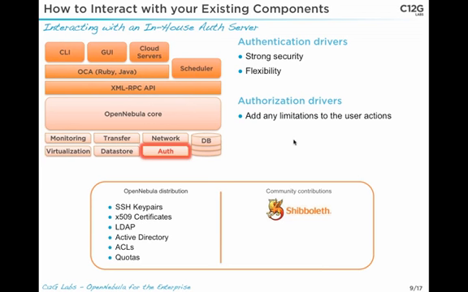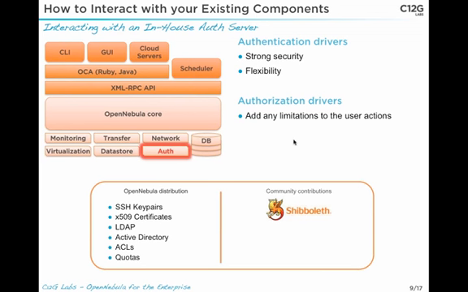For instance, you may have your user base handled by an Active Directory server, so there are plugins shipped out of the box with OpenNebula that are able to interface with the Active Directory. So if you have a user in the Active Directory and you enable this plugin, then all the users automatically will have access to your OpenNebula cloud.